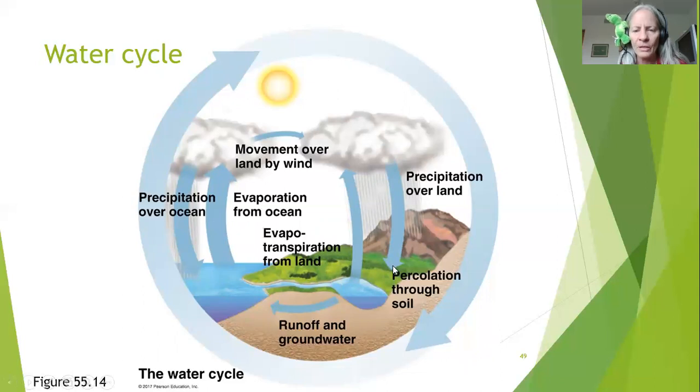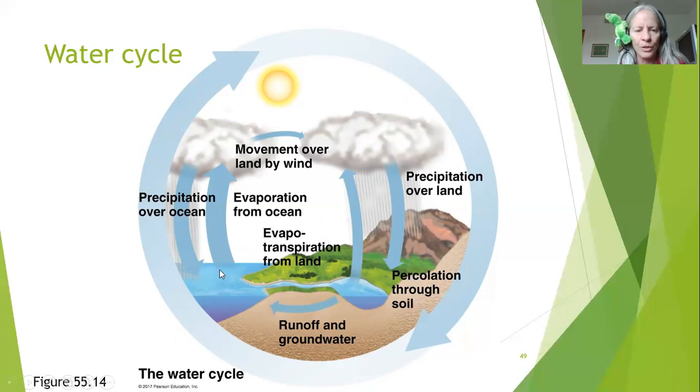Once it lands, it can percolate through the soil. So percolation is another process that would move water from the surface down into the groundwater, or it can run off. Another process is runoff, which moves water into the oceans.